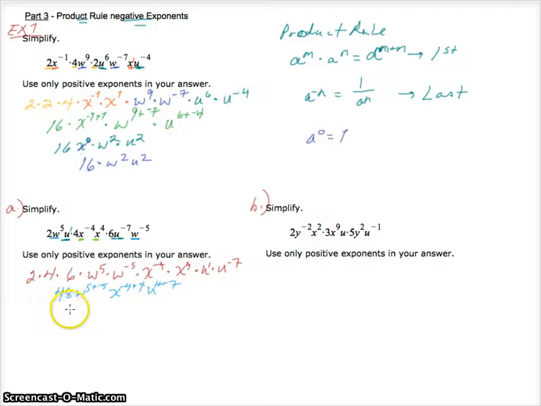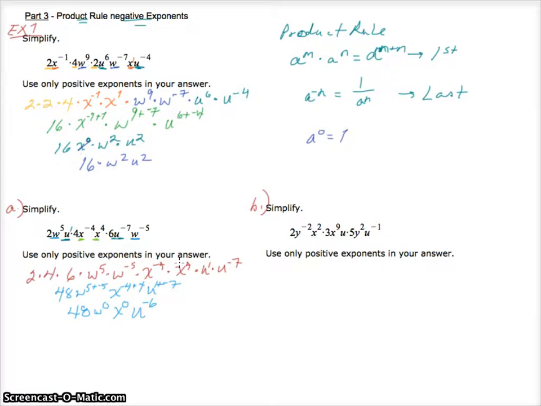So we'll end up with 48 w, 5 plus negative 5 is to the 0 power, x negative 4 plus 4 to the 0 power, and then times u to the negative 6 because 1 plus negative 7 is u to the negative 6 power.